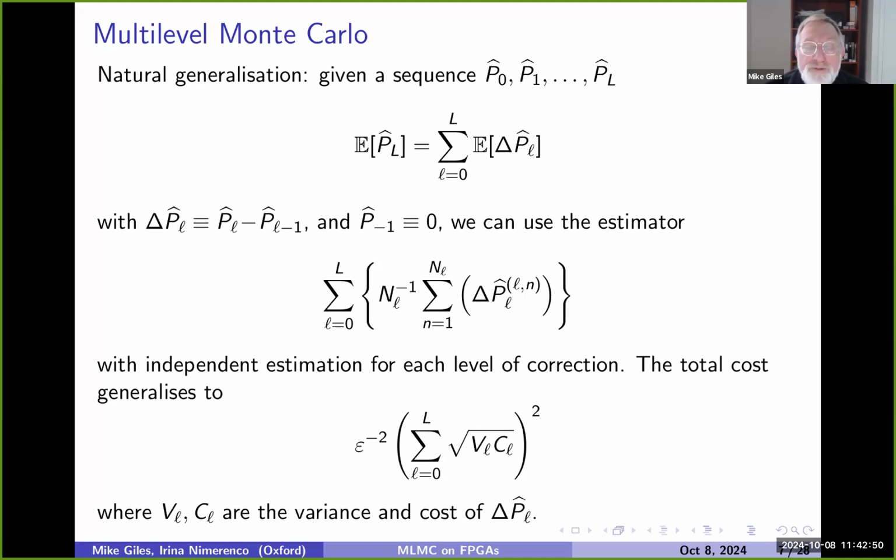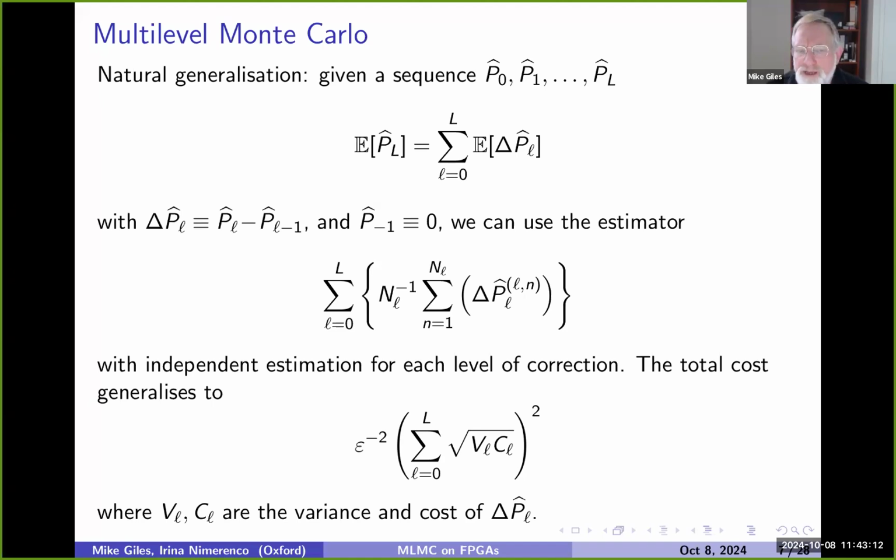Okay. So we have the expected value of P on level capital L, the finest level, is the sum of expected corrections, with P hat minus 1 defined to be 0, so that initial delta P0 is really just P hat 0.